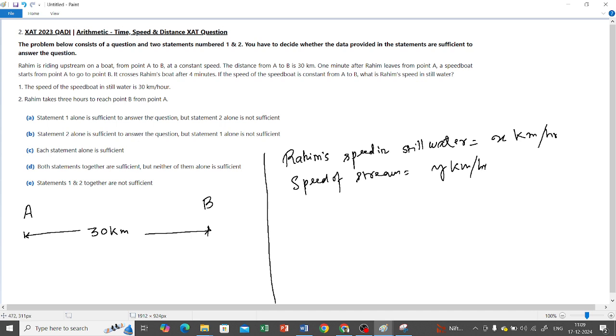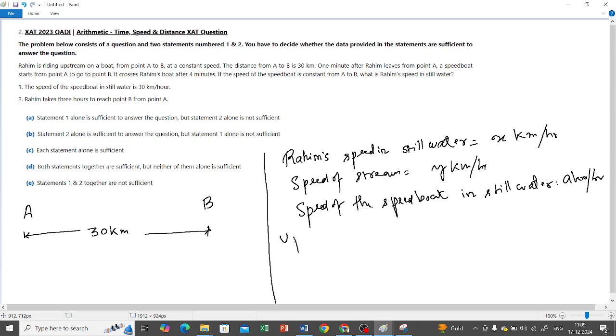Now what else do we need? We need the speed of the speedboat. So the speed of the speedboat in still water is a kilometer per hour. Now this person is going upstream.